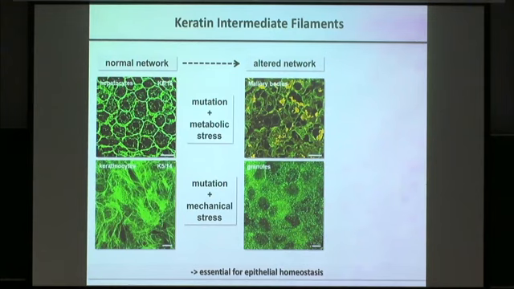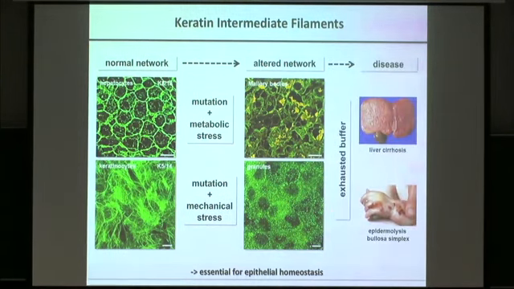So if you then induce metabolic stress or mechanical stress, the network organization will deteriorate into granular aggregates, which in liver disease are very well known as Mallory Denk bodies, one of the most prominent signs of alcoholic liver disease in terms of morphology, or in skin diseases, you find multiple granular aggregates in the cytoplasm instead of this very nice three-dimensional network.